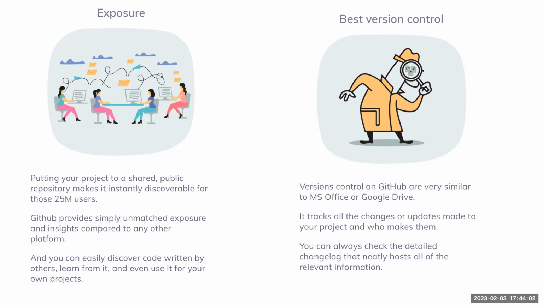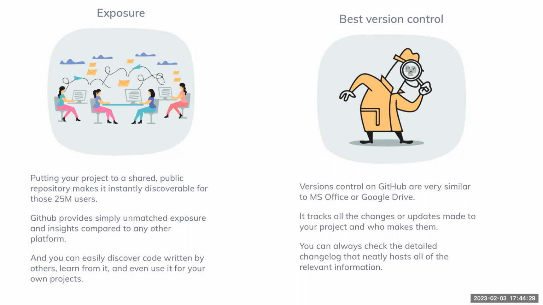Version control on GitHub is very similar to MS Office and Google Drive. It tracks all the changes or updates made to your project and who makes them. In MS Office we have a shared platform for editing Word, Excel, and other things like PowerPoint, right?